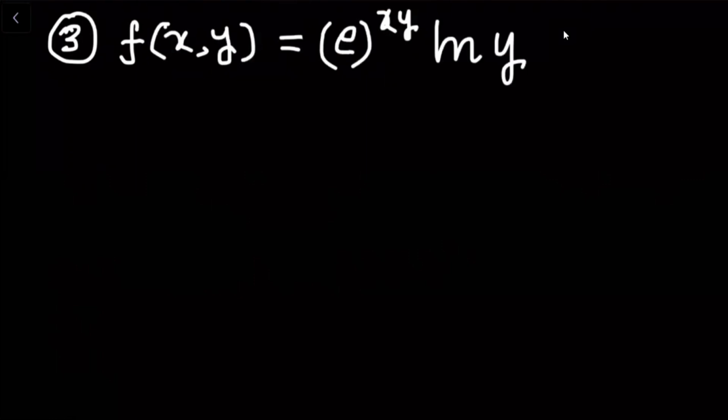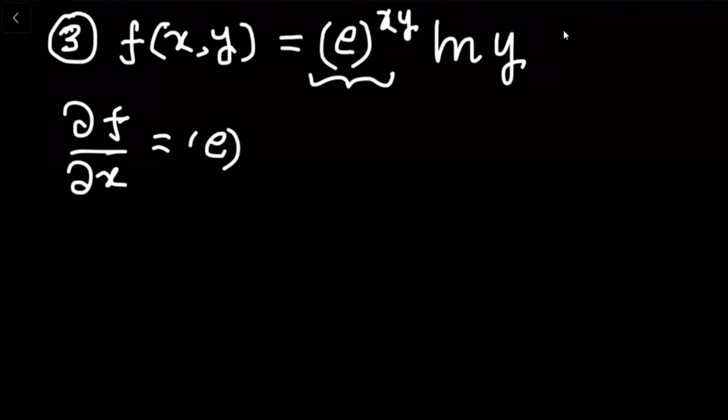With respect to x, dou f by dou x gives the differentiation of e power xy, which is e power xy, and the differentiation of xy, since y is constant, is 1 into y.